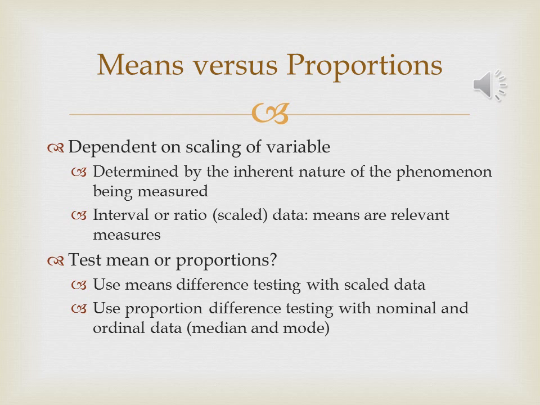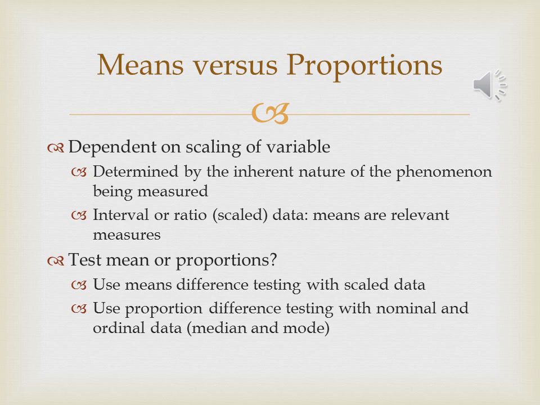We've covered the difference between parametric and non-parametric testing. Now let's talk about the difference between using a mean for your significance testing versus using proportions for your significance testing. This is dependent on the scaling of the variable, which shouldn't surprise you. And the scaling of the variable that you're seeking to test, remember, is determined by the inherent nature of the phenomena that's being measured.